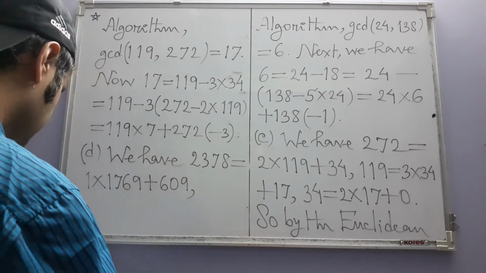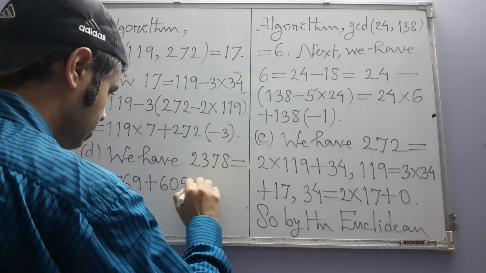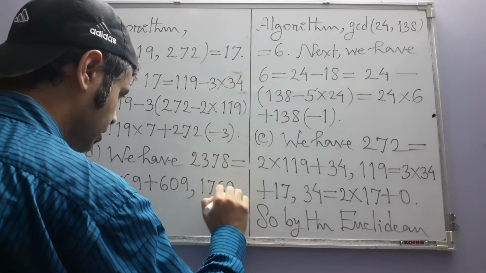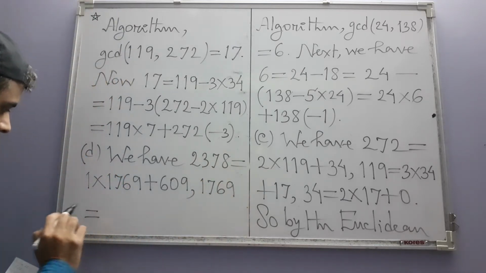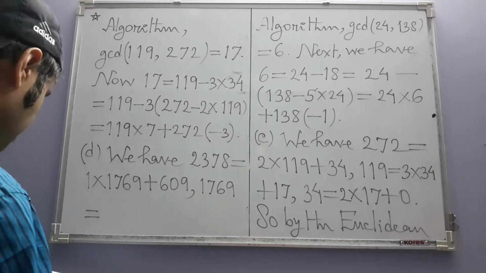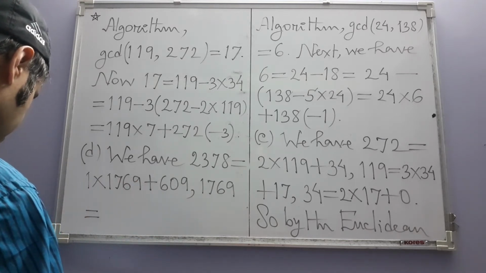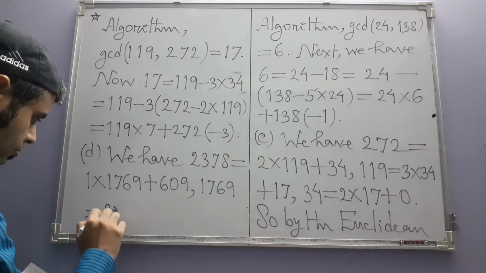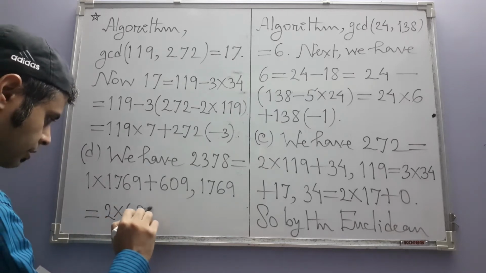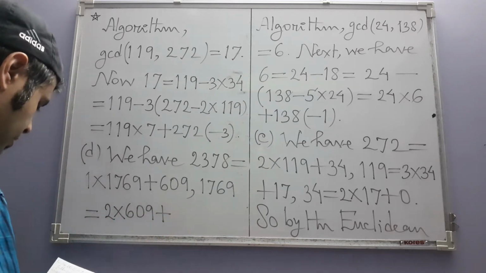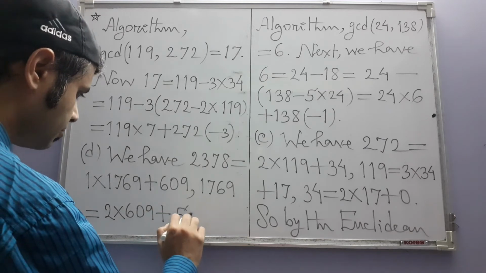So that's the first step. In the next step, 1769 is going to be divided by 609, the first remainder, and that gives us 2 times 609 plus 551.